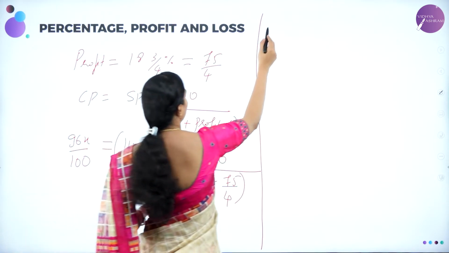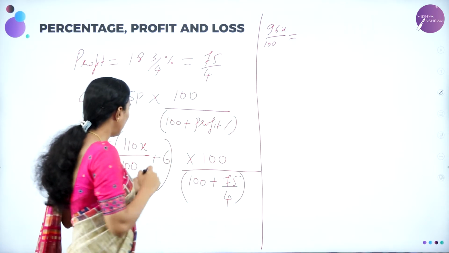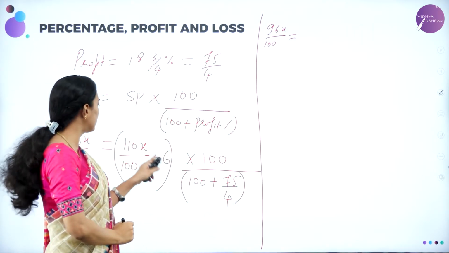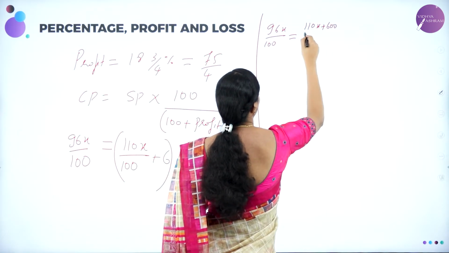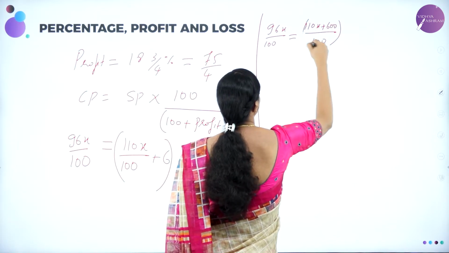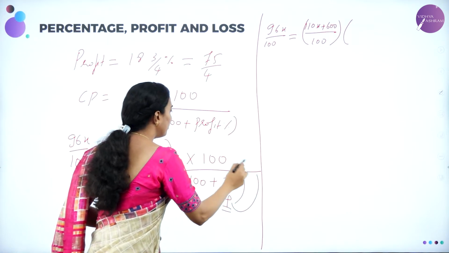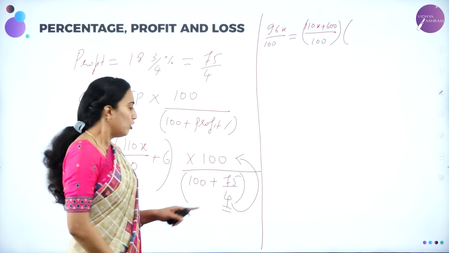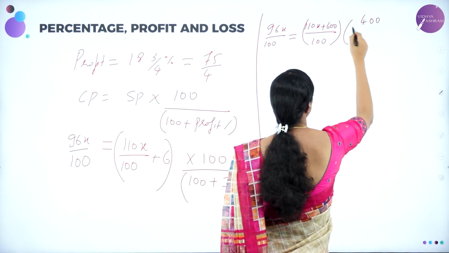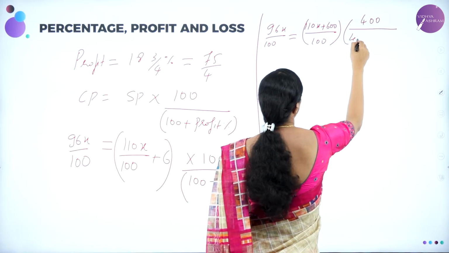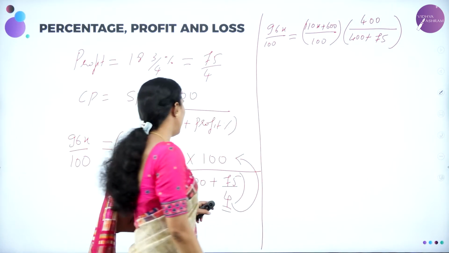So 96 by 100 as it is, which will be equal to 100 into 6, that is 600, so 110x plus 600 divided by 100. 4 is the LCM here, so 4 goes to the numerator after multiplication with the 100, 4 into 100 is 400, so the numerator is also 400, divided by 400 plus 75, correct?